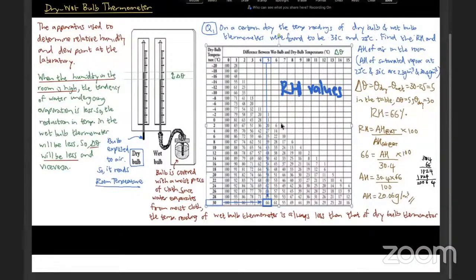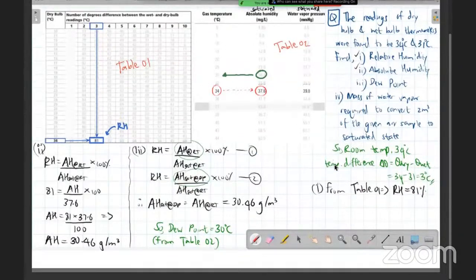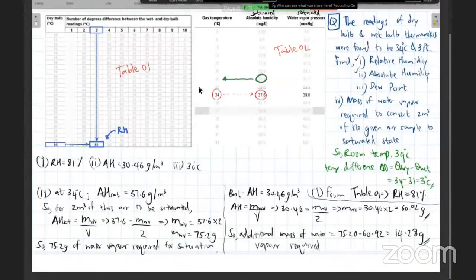After we determine the relative humidity, with the aid of the absolute humidity values of saturated vapor, or saturated vapor pressure data from tables, we can also find out the dew point. You'll need two tables to figure out the dew point. These are some of the questions we did last week.